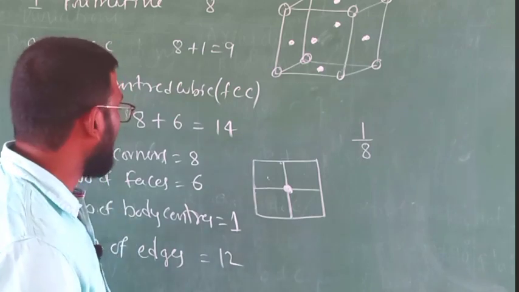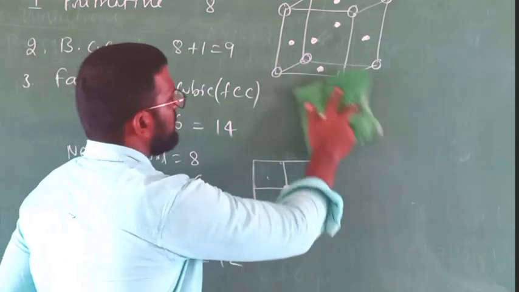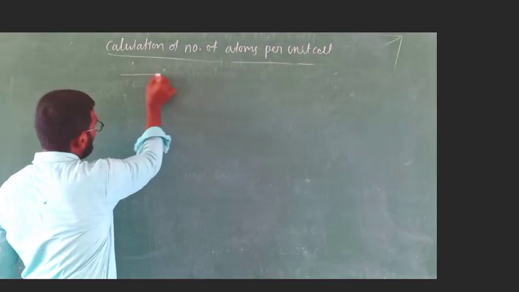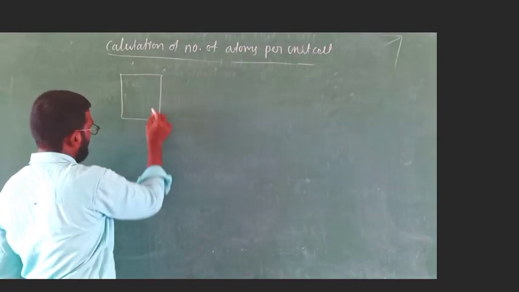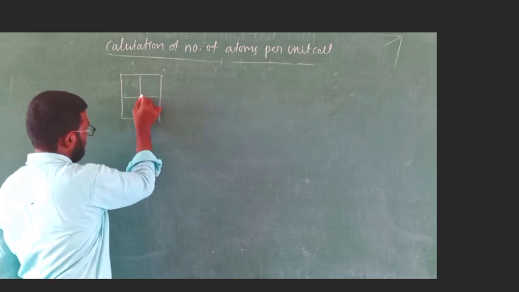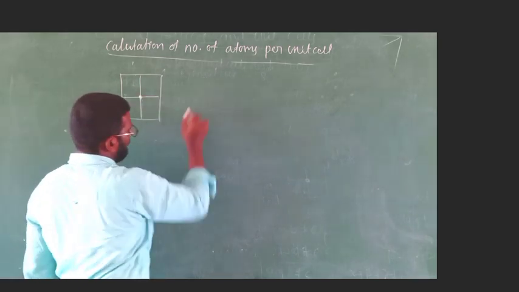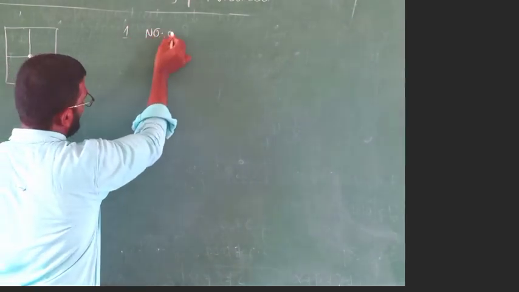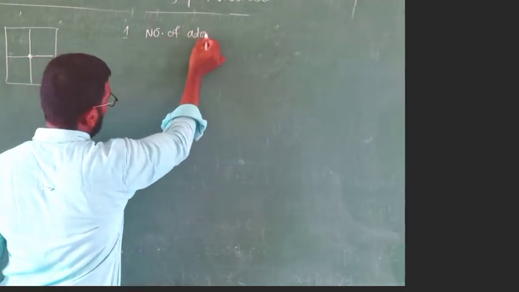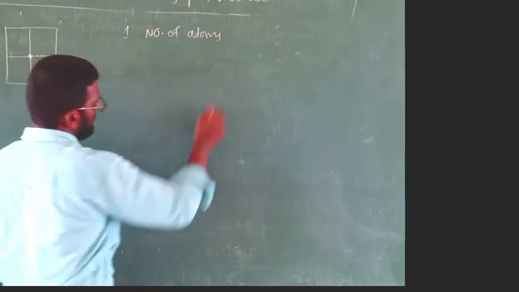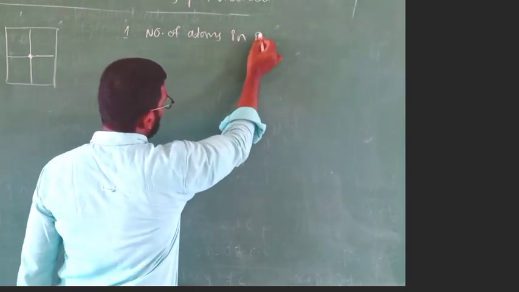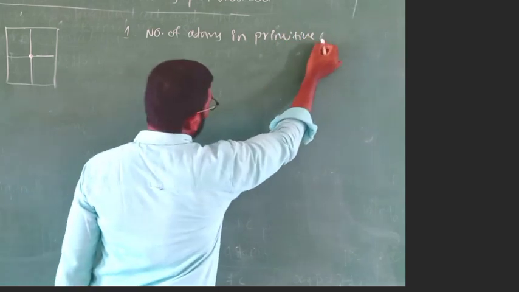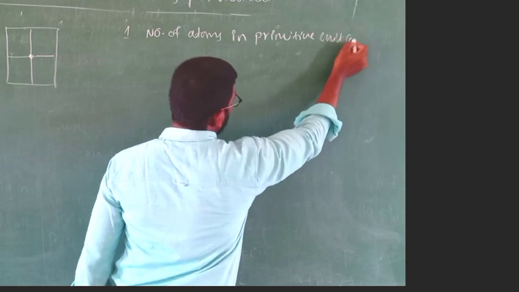Okay, now let's calculate how many particles will be there in a simple cubic or primitive unit cell. First, number of atoms in a primitive unit cell.